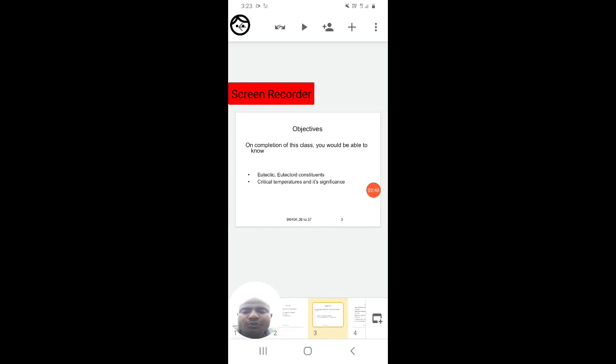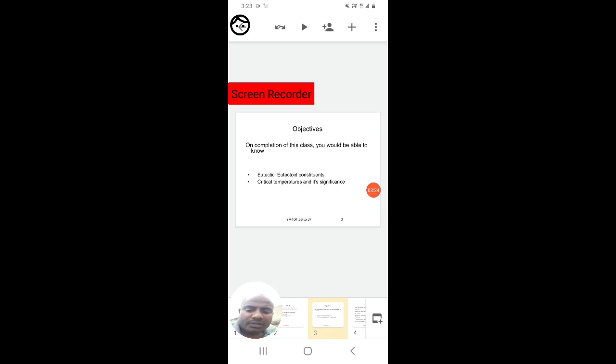So the objectives: on completion of this class, you would be able to understand what the eutectic, eutectoid and peritectic constituents are. Next, critical temperatures and their significance. It is a very important topic to evaluate the iron carbon equilibrium diagram. Critical temperatures play the main key role in the iron carbon equilibrium diagram.